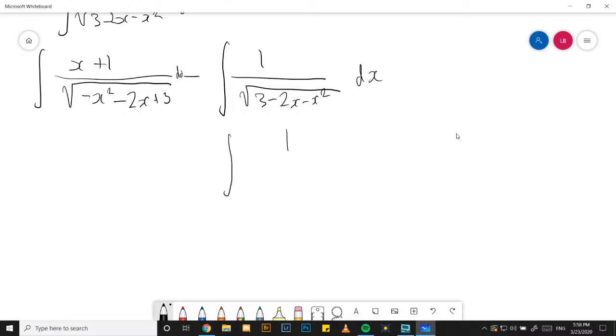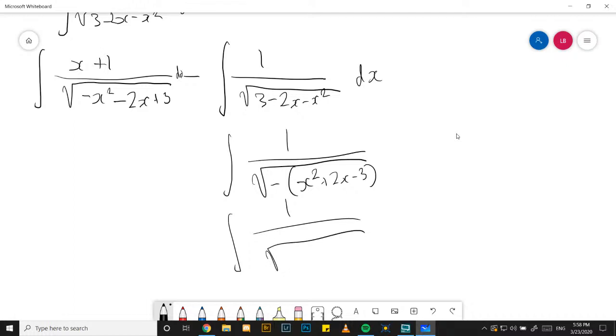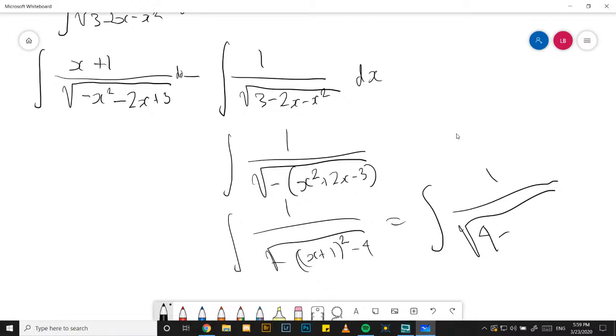It's equivalent to the integral of 1 over the square root of... we can simplify this: if you take a negative sign out in front of it, we can make it x squared plus 2x minus 3, which is equal to 1 over the square root of negative (x plus 1) squared minus 4, which is equal to the integral of 1 over the square root of 4 minus (x plus 1) squared.